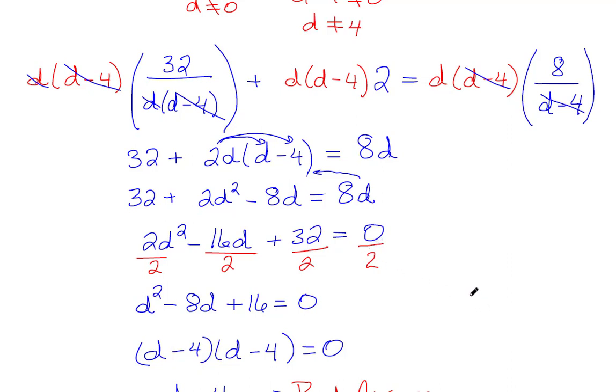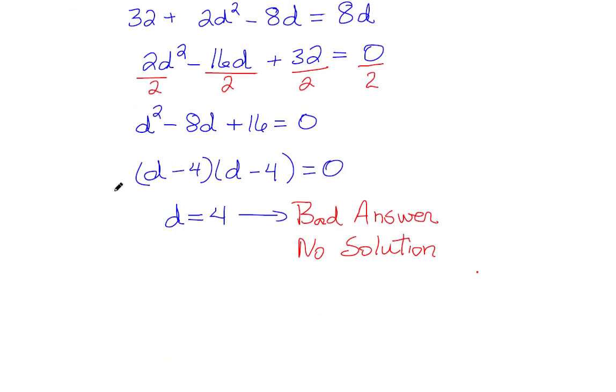Now I can reduce the numbers because 2 will go into everything, leading me to this particular part, which does factor into d minus 4, d minus 4. Let's make sure. D times d is d squared, minus 4 times minus 4 is a plus 16. The inside, the middle, and the outside does add to give me a minus 8.